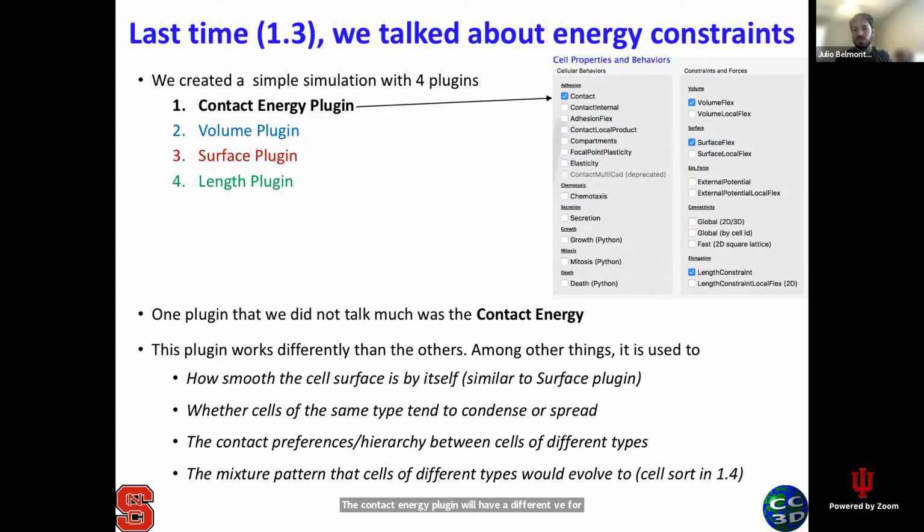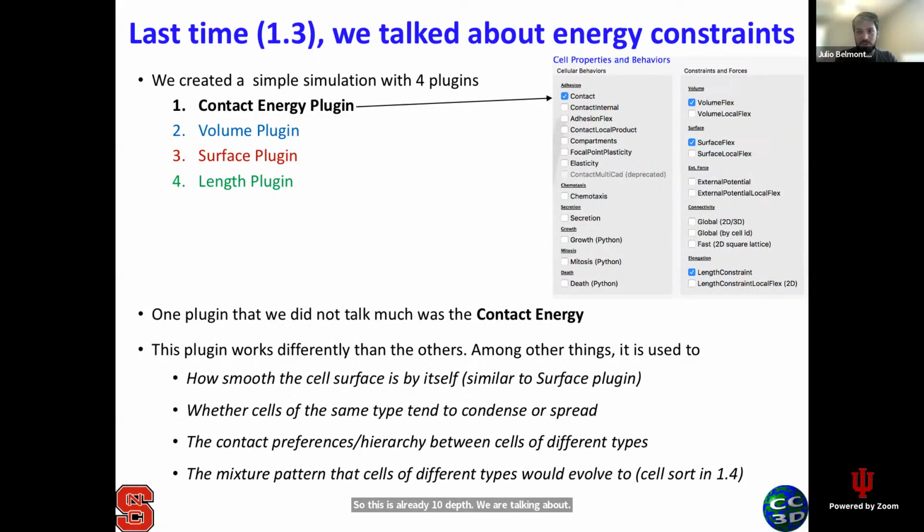By choosing those values for each combination, you can set which types of cells cell A would like to be in contact with. Does cell A prefer to be in contact with cell B more than cell C? And cell B, does it prefer to be in contact with cell A rather than cell C, or the reverse? So you have a matrix of interactions between your cells when they are in contact, and that is set up by the contact energy.